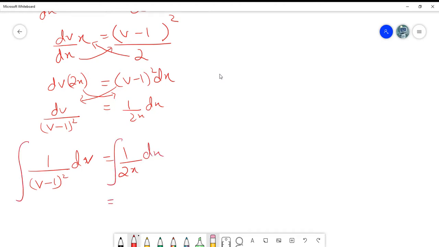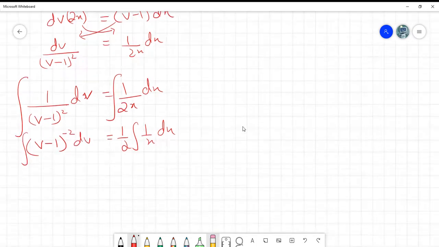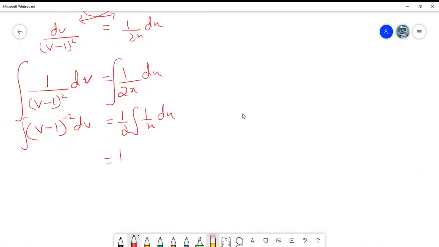So the right side will be written as 1 over 2 times 1 over x dx, and as far as this side is concerned, it can be written as v minus 1 to the power of minus 2 dv and the integral sign. Now let's integrate the right side, which will leave us with 1 over 2 ln of x plus, as I told you at the beginning of the video, if your integration gives you something in ln, the constant can also be written as ln of c.